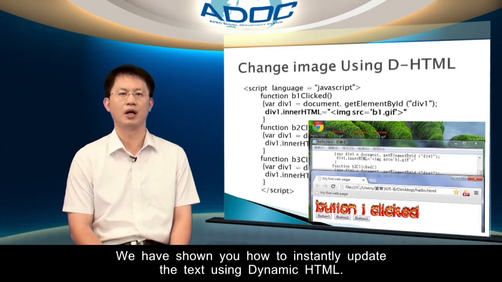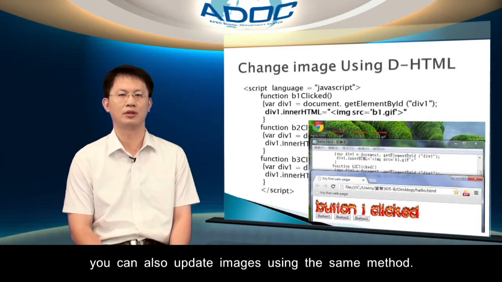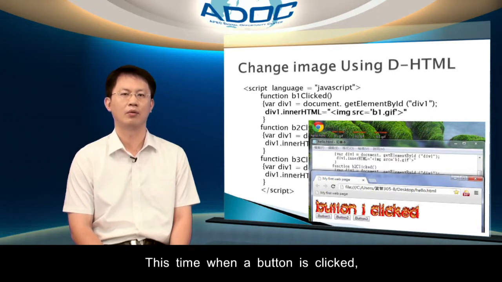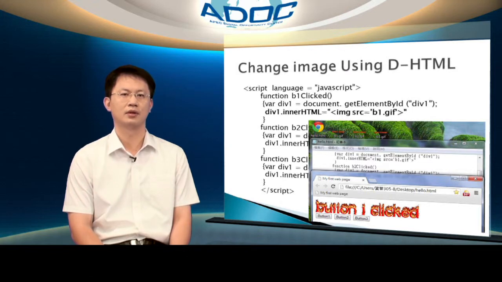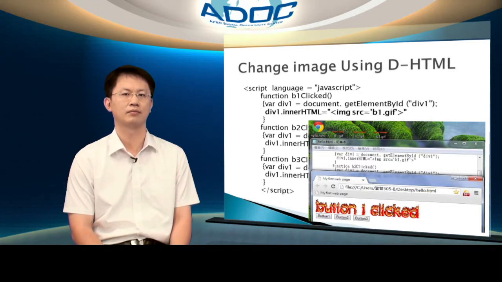And we have shown you how to instantly update the text using dynamic HTML. Not only the text, you can also update images using the same method. This time, when the button is clicked, we will replace the text in the div element with HTML for the image element corresponding to the requested image.